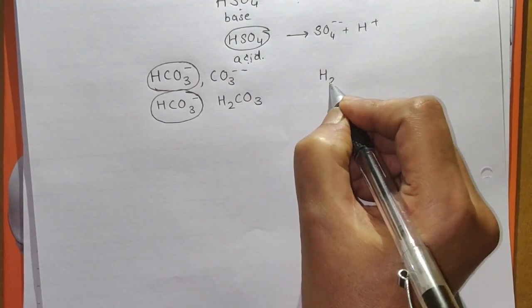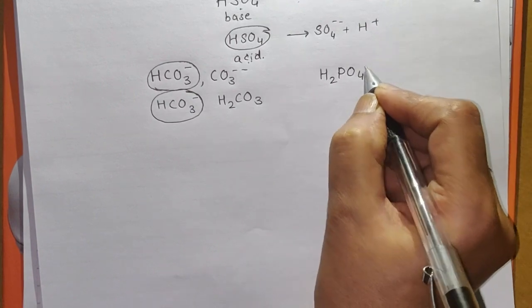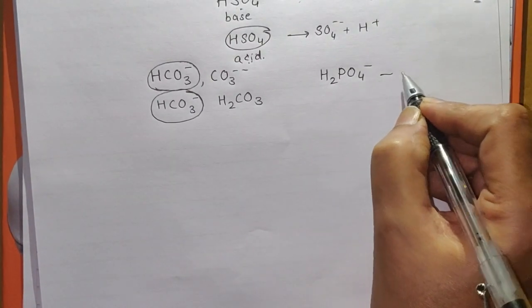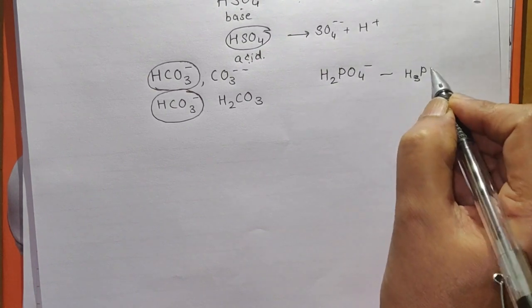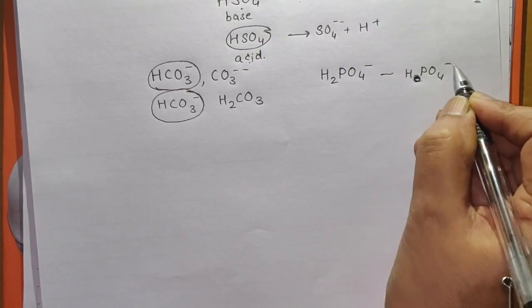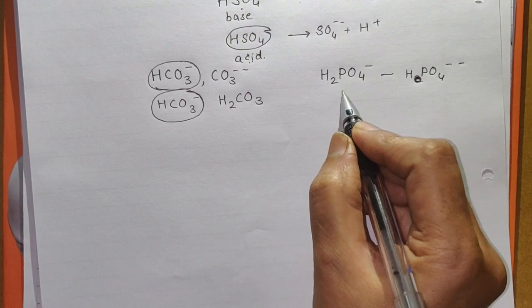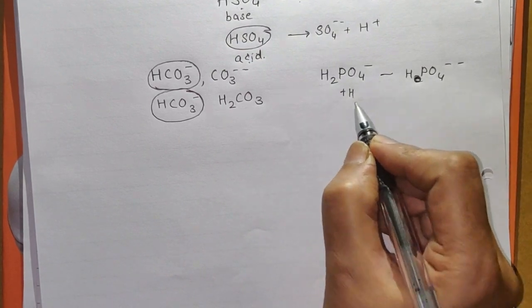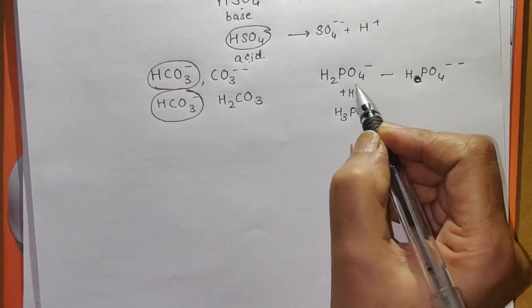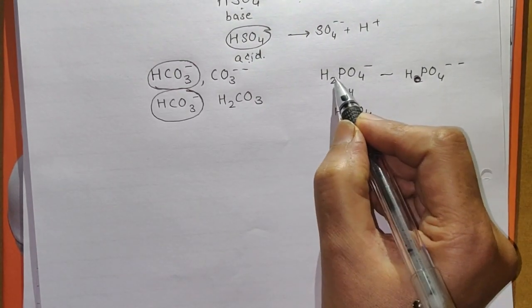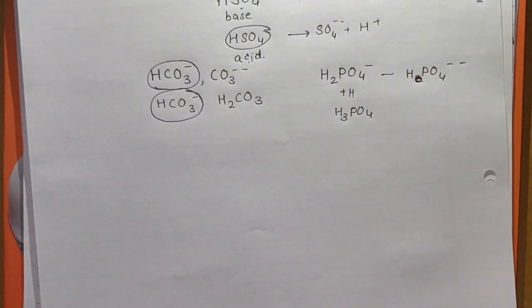Like this, H2PO4 minus can donate proton and gets converted into HPO4 minus minus, and H2PO4 minus by accepting proton gets converted into H3PO4, and so it is amphoteric in nature.